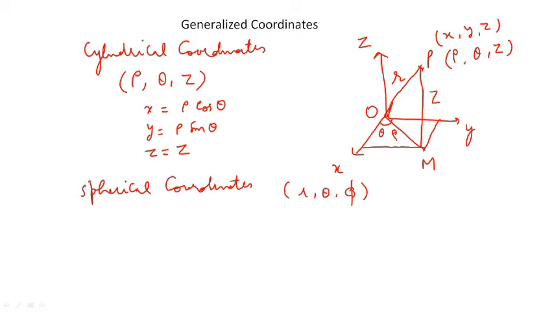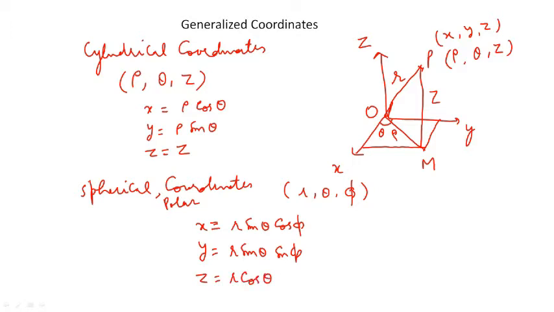You know what the spherical polar coordinates are, and there is a relation between the Cartesian coordinates and the spherical polar coordinates, and that is x is equal to r sin theta cos phi, y equal to r sin theta sin phi, and z equal to r cos theta.